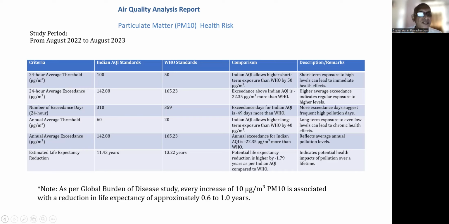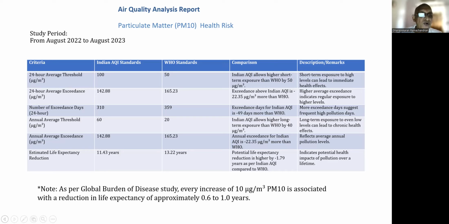The 24 hours average threshold for Indian standards is 100. I have compared with the WHO standard, which is 50. The 24 hours average exceedance is 142.88, while that of the WHO standard is 165.23. The number of exceedance days is 310 here, and 359 exceedance days for WHO.